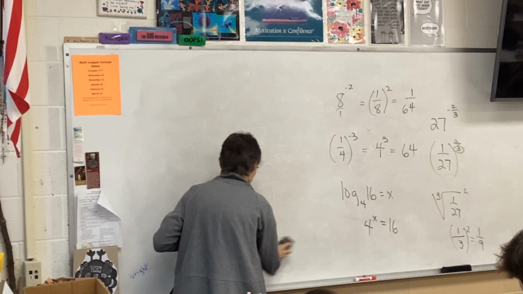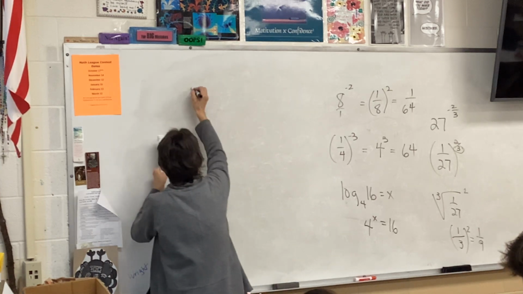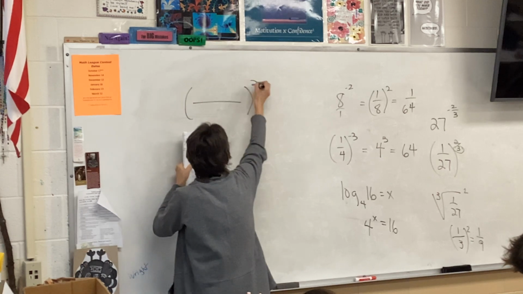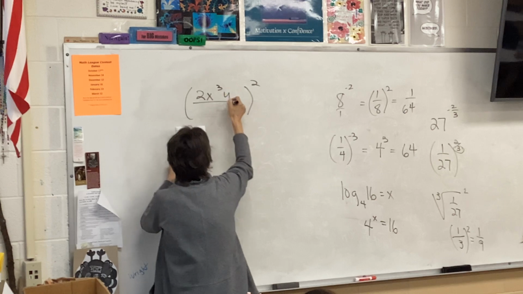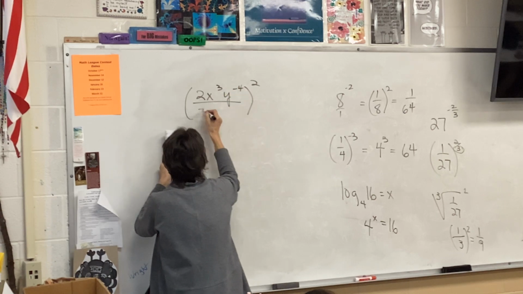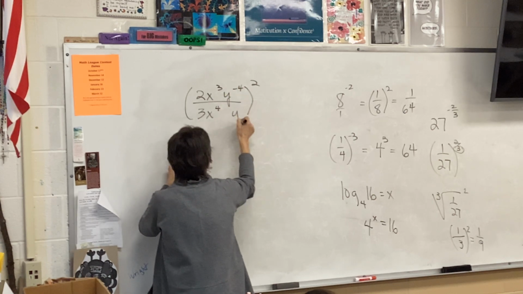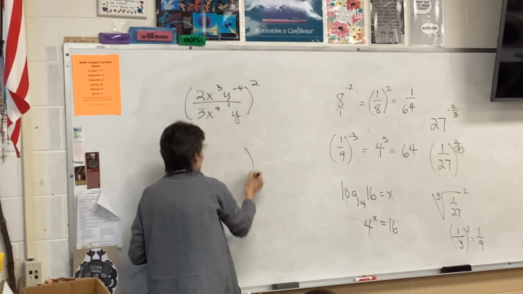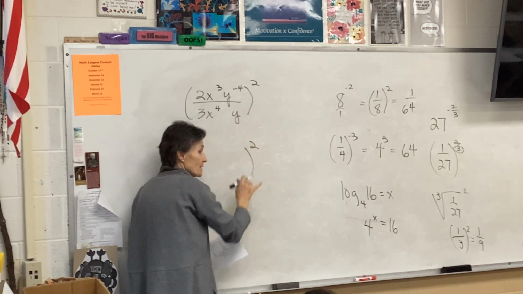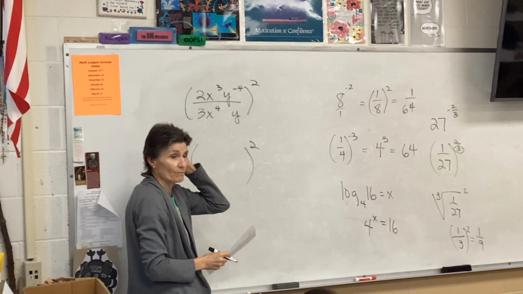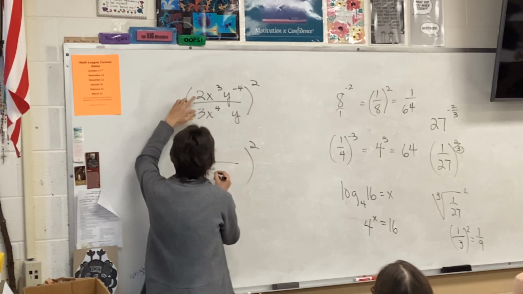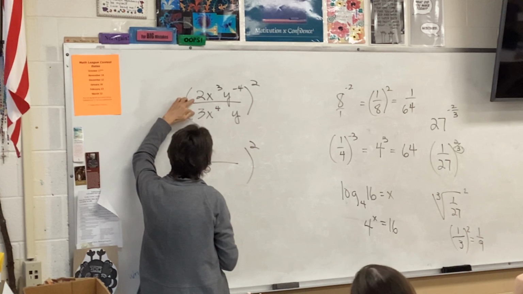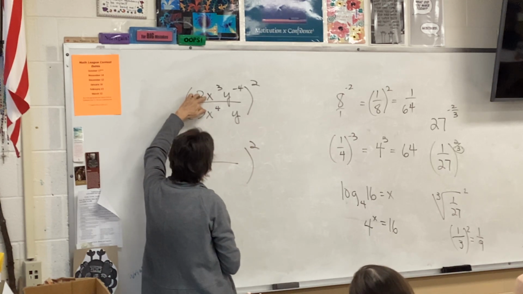Some of these are good quiz practice too, because this looks like a quiz question for our quiz coming up. Alright, so you know what I'm gonna do, because I do it all the time, I'm gonna clean up my parentheses first. So, 2/3. What about my x's?